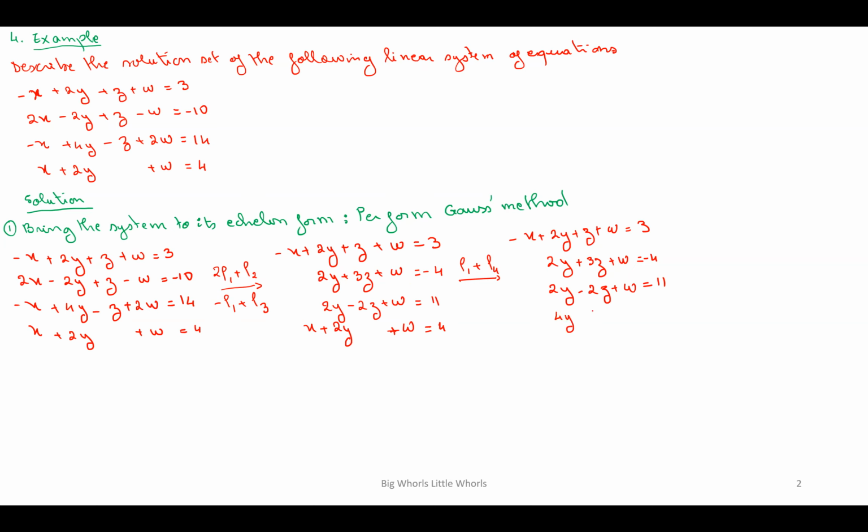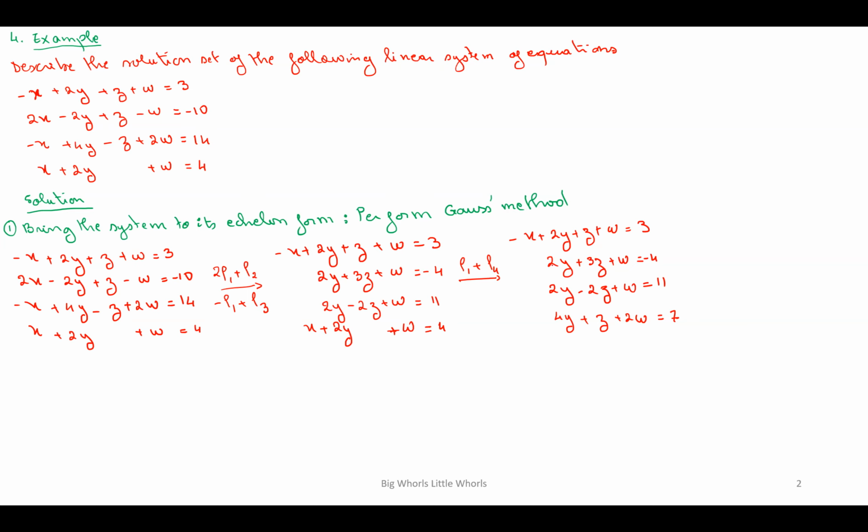Okay, we are left with the 4y, and here for y we have plus z, plus 2w equals 2, 3 plus 4 is 7. Okay, so now we are done with the first leading variable.